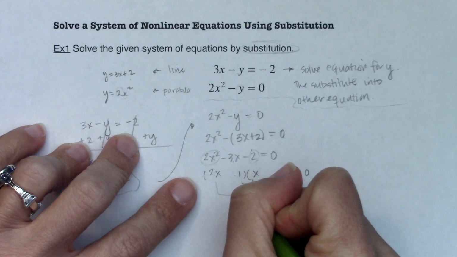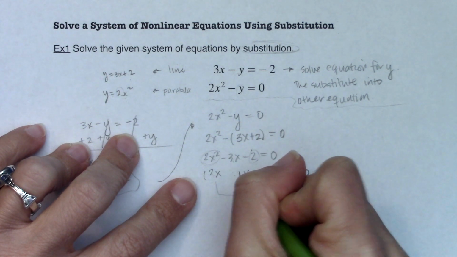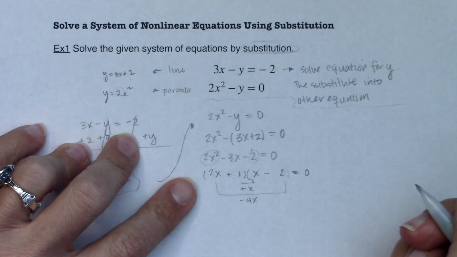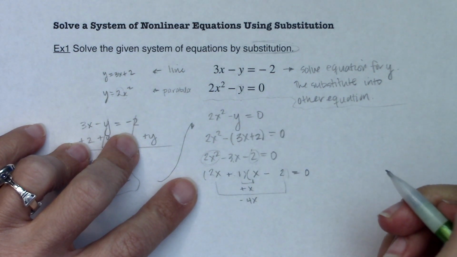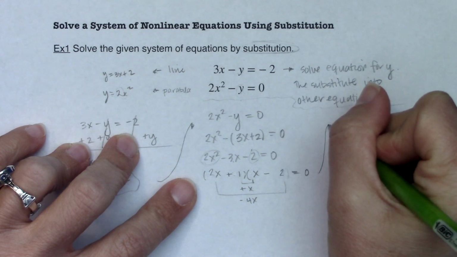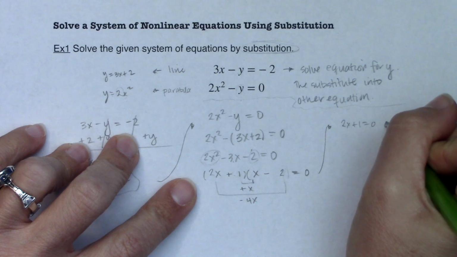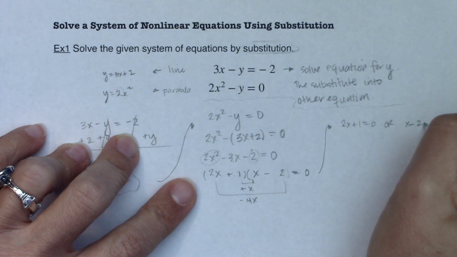If I put the negative here and the positive here, I'm going to put x minus 2 and 2x plus 1, okay? Now when I do that, I've got the zero product property, so we know either 2x plus 1 is 0 or x minus 2 is 0.